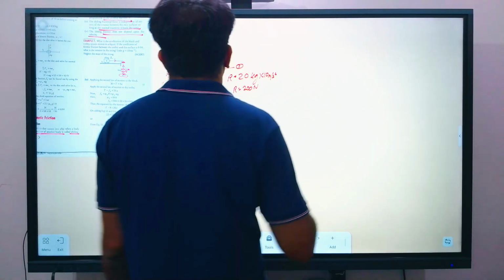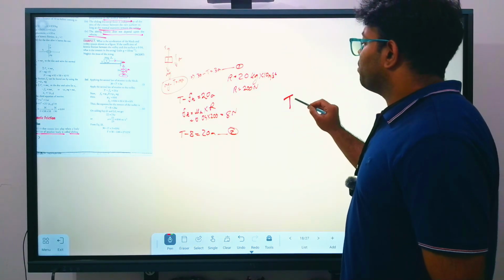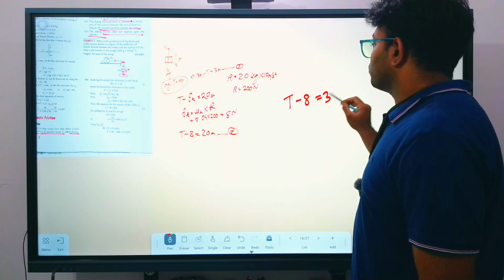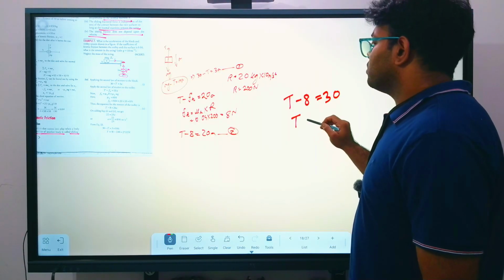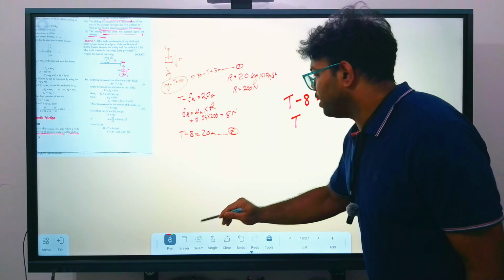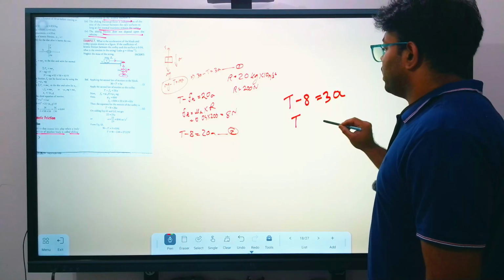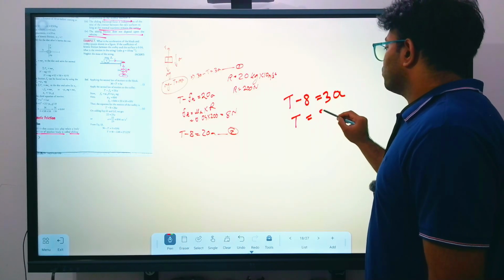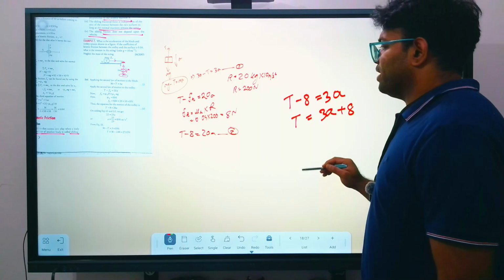What do I get? T minus 8 is equal to 3a. Therefore, T is equal to 3a plus 8.